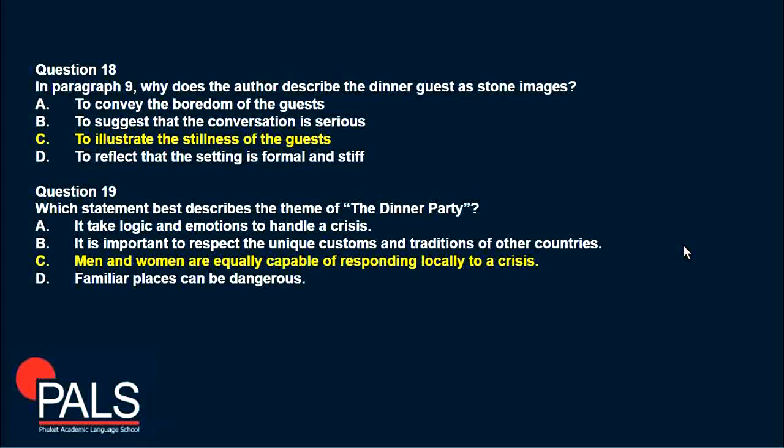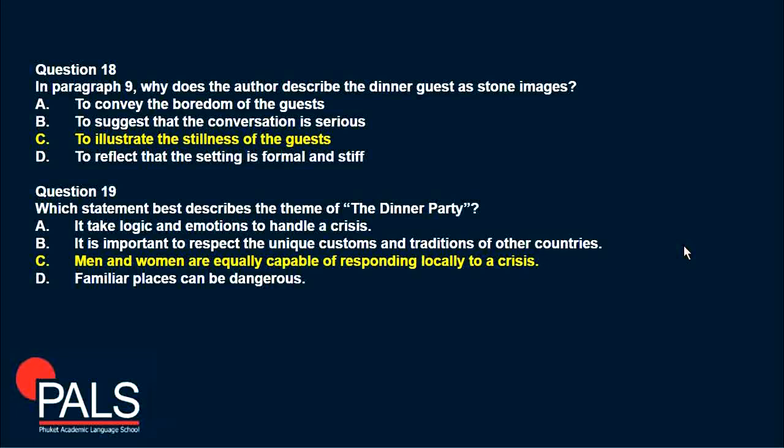Of course, men and women are equally capable of responding calmly to a crisis. Remember, this happened during colonial India, and as we all know, women were looked down upon.